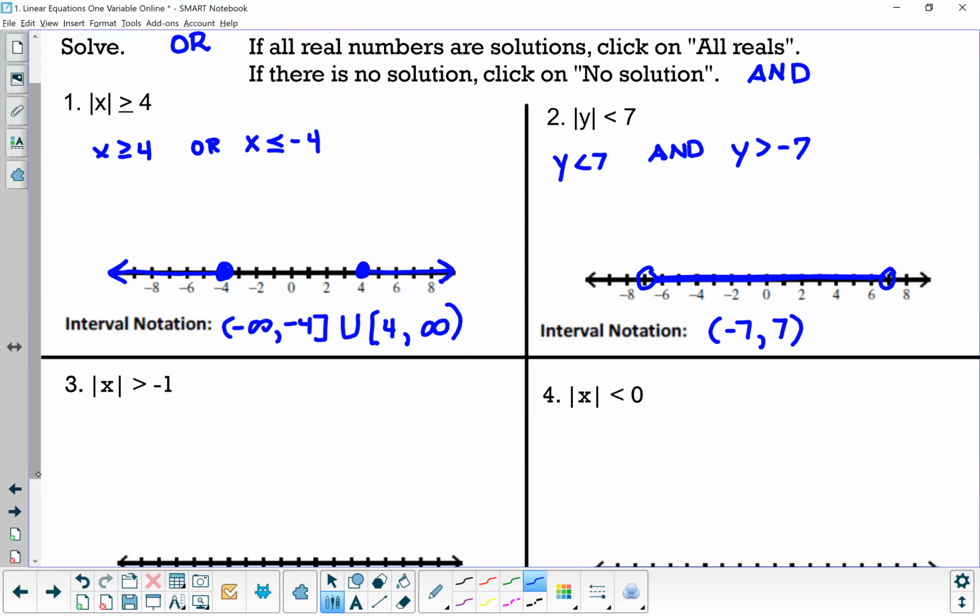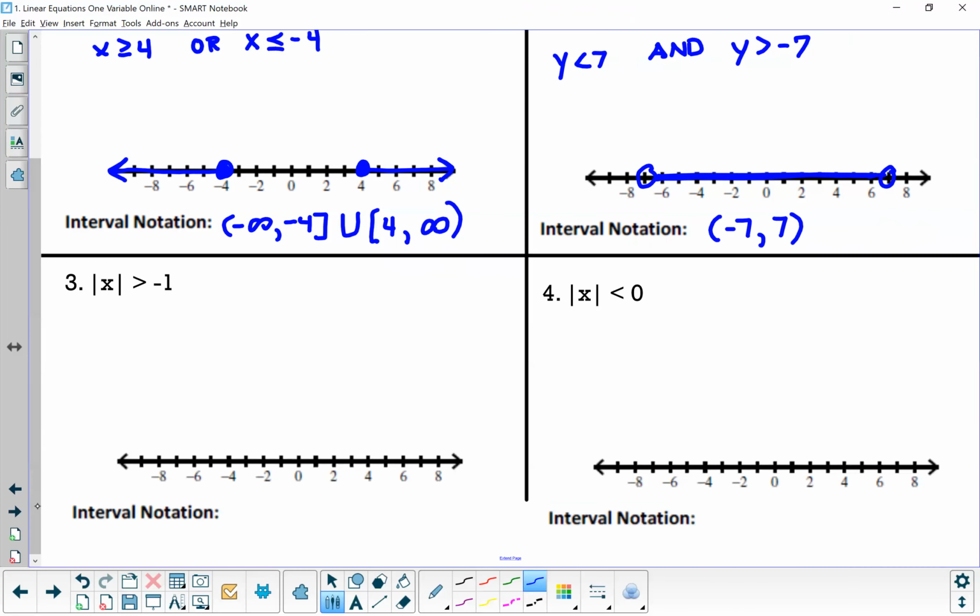So let's think about what this means, okay? So I'm just going to pick a number, right? 0. Is 0 greater than -1? It is.